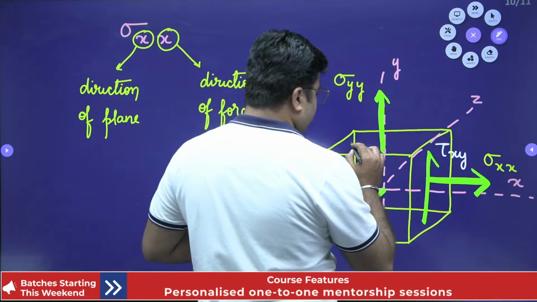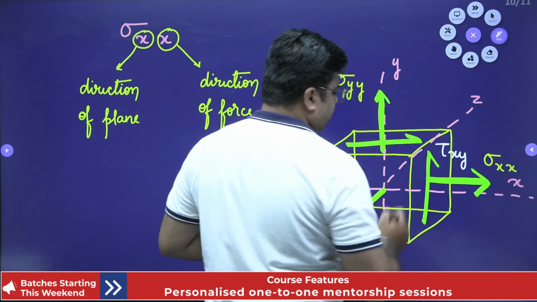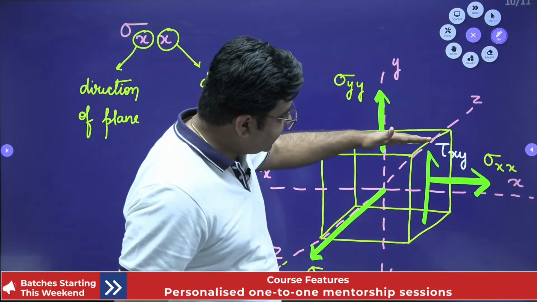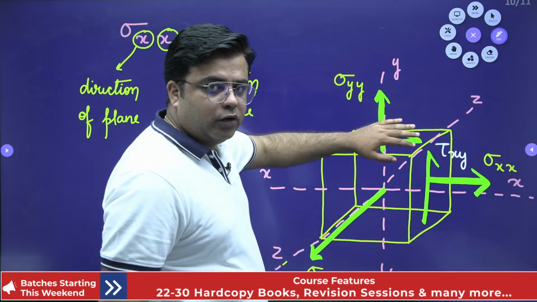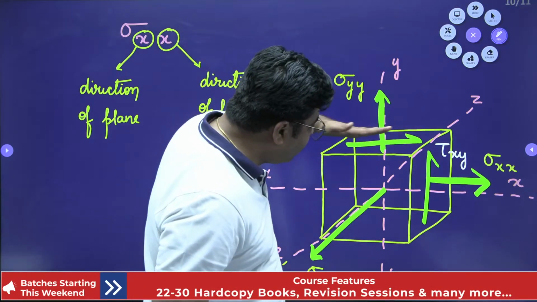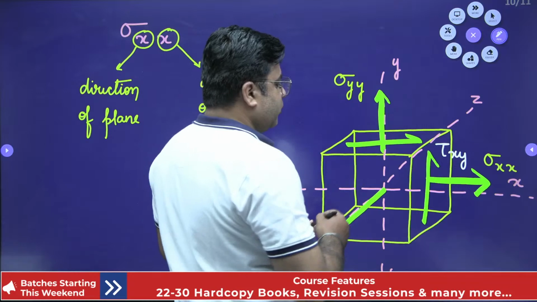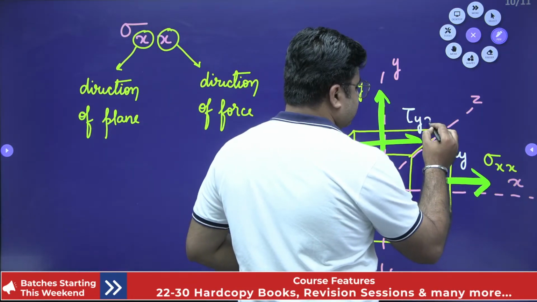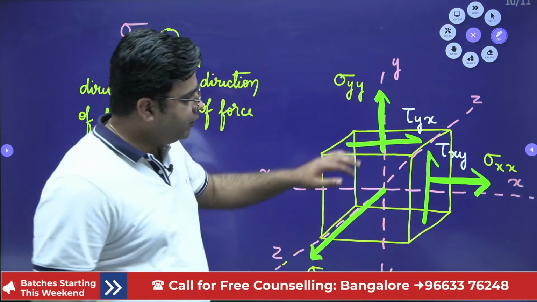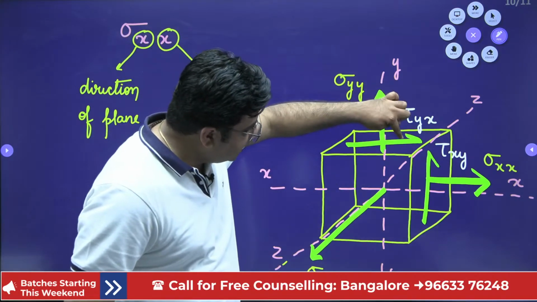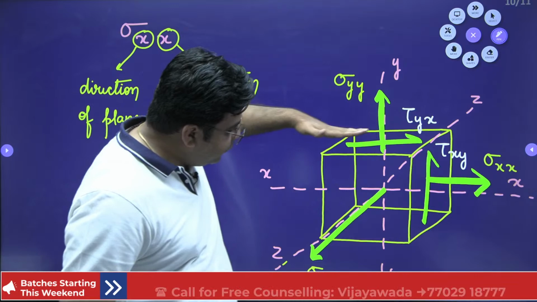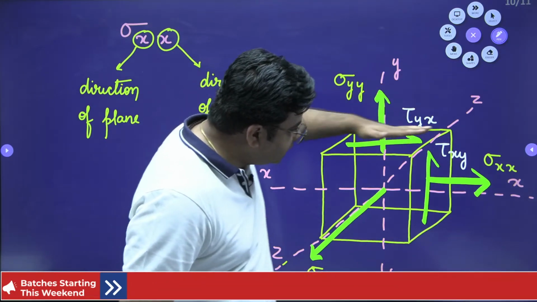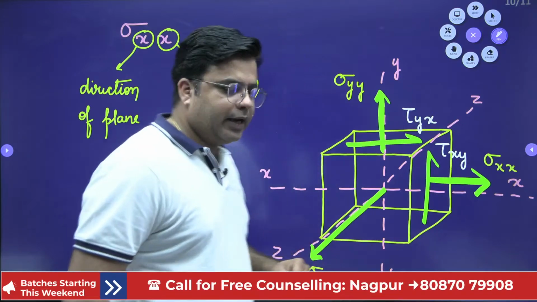Similarly, if I draw this shear force, this shear stress is acting on the y plane due to the shear force acting along positive x direction. So this shear stress is named as tau yx. Why tau yx? Because this shear stress is acting on the y plane due to the shear force in positive x direction, right?